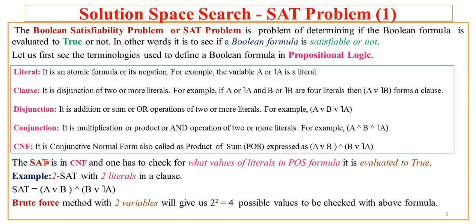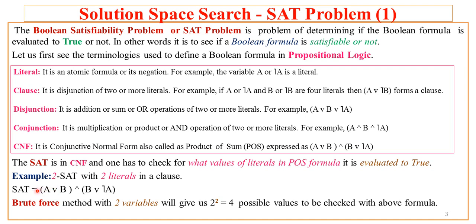So what is SAT now? We'll see what SAT exactly is. SAT is in CNF, and one has to check for what values of literals in the POS formula it evaluates to true. To understand this, let us see how SAT is represented. 2SAT is defined with two literals. Why is this called 2SAT? Because it has a clause, or a number of clauses, which use only two literals. Two literals means only two variables combined with or.